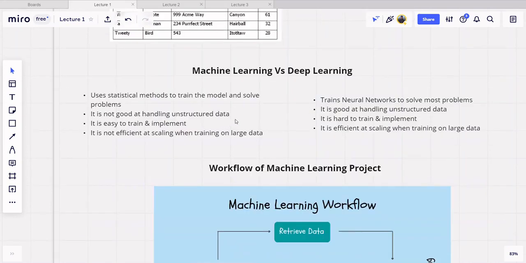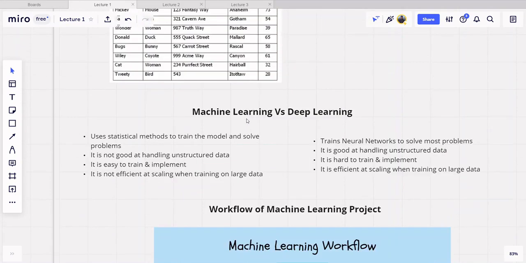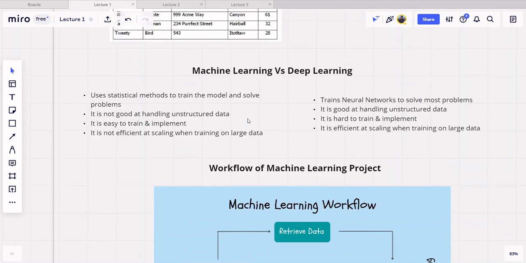The next thing is, again, the main difference between machine learning and deep learning. Machine learning uses statistical methods to train the model and solve problems, whereas deep learning trains neural networks to solve most problems.